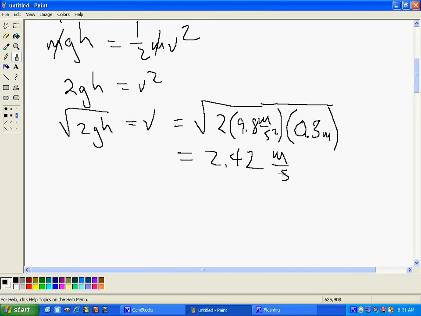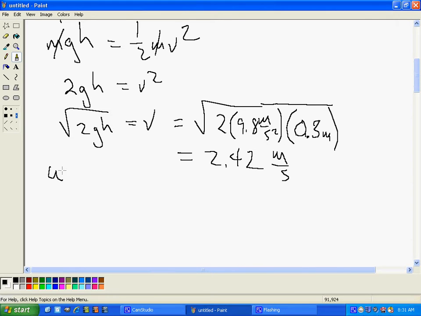meters per second. Now, the next question is, what if the mass swings down, but instead of it being at 2.42 meters per second, what if it only reaches the bottom of the swing at, say, 1.5 meters per second?